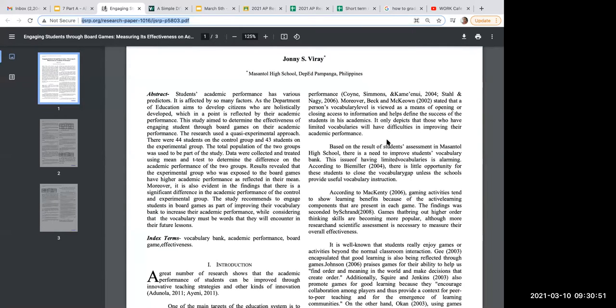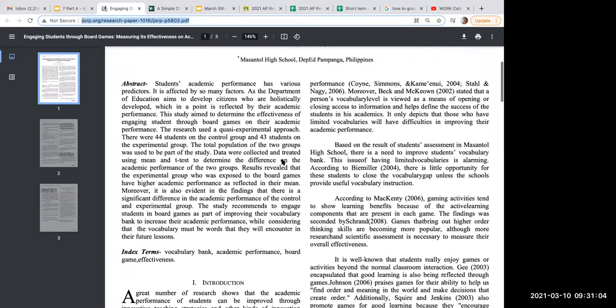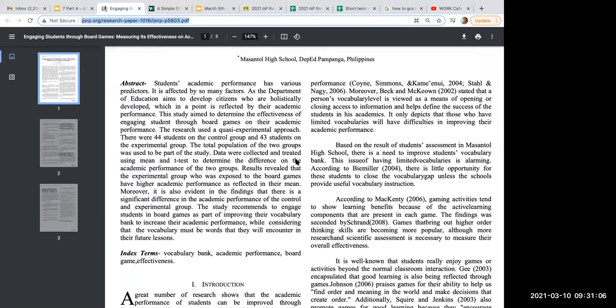Can I read? Yes, please. Students' academic performance has various predictors. It is affected by so many factors. The Department of Education aims to develop citizens who are holistically developed, which in a point is reflected by their academic performance.